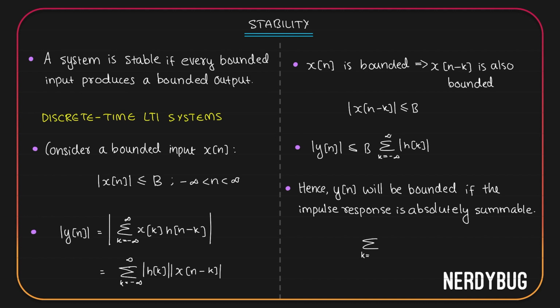That is, the summation from k equals minus infinity to infinity of the magnitude of h[k] should always be less than infinity, which means it should always have a finite value. And this is the condition for stability of a system. Its impulse response should be absolutely summable.